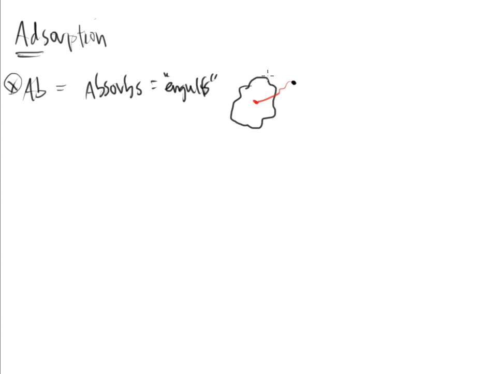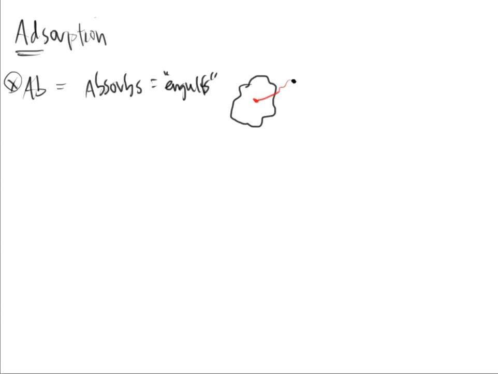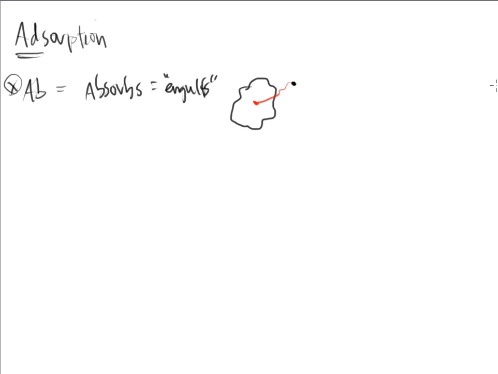And you don't really want that to happen in chromatography, because if absorption takes place, then it's very difficult for this molecule to leave that blob that we're going to call the stationary phase. Okay. So we never really want to see this happen. If it goes inside of the stationary phase, it's never going to get released and it's going to stay there forever. And that's not really how chromatography works. So absorption is not what we want to see.